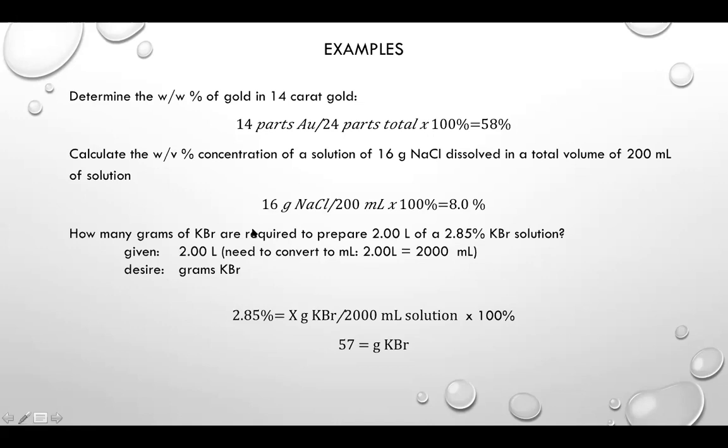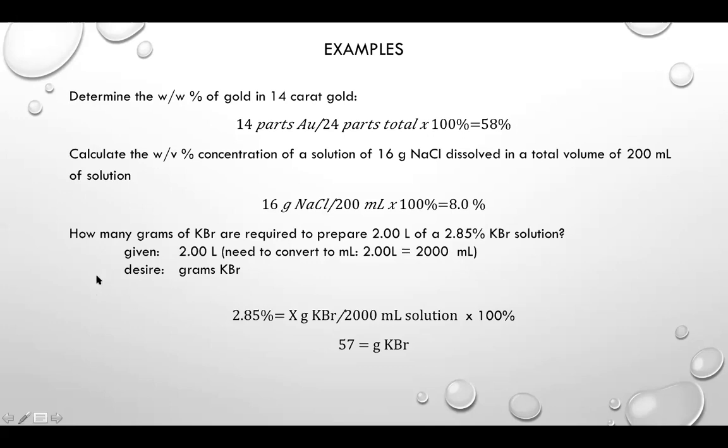We always want to work in mils, not liters. So first we're going to convert the 2.00 liters to mils. And this we should remember from earlier on in the semester where we did conversion factors. We know that in 1 liter we have 1,000 mils. And so 2.00 liters is converted to 2,000 mils.